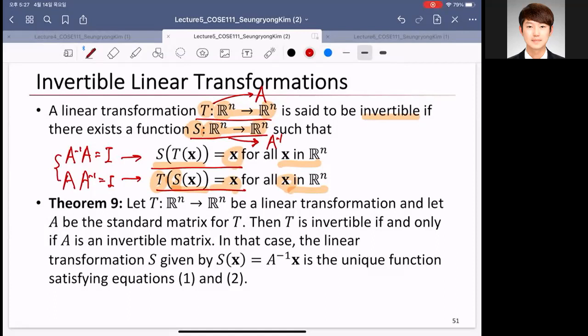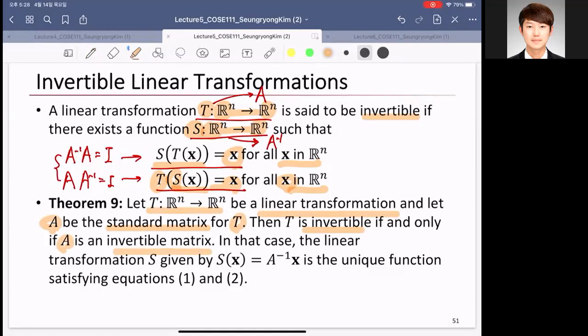So finally, let the transform T from Rn to Rn be a linear transformation, and let A be a standard matrix for T. Then T is invertible if and only if matrix A is an invertible matrix.